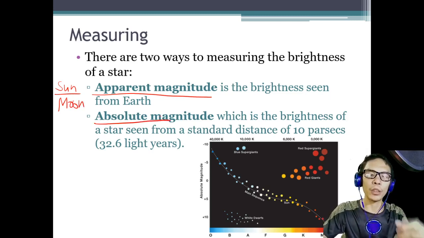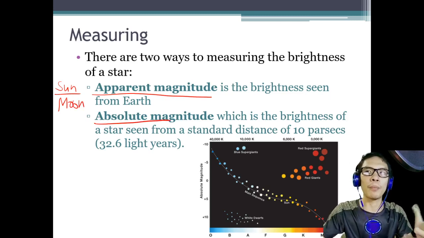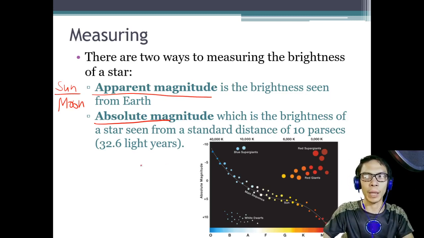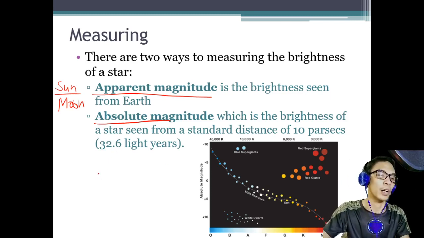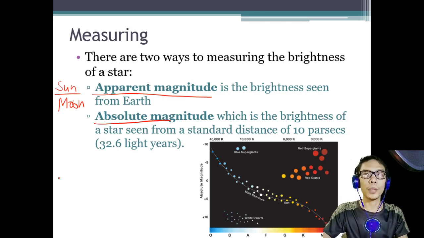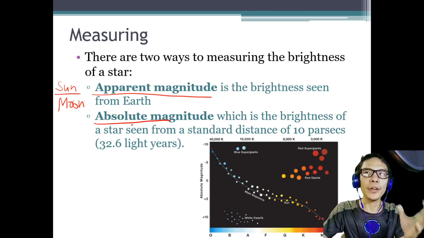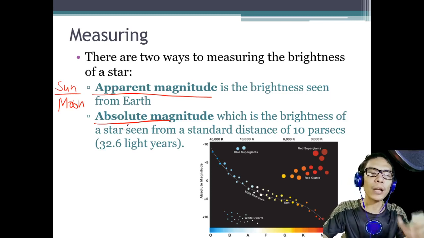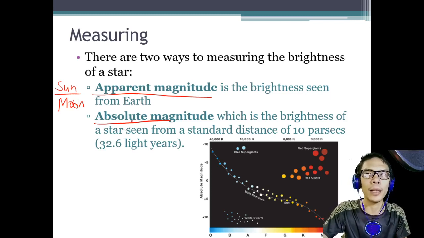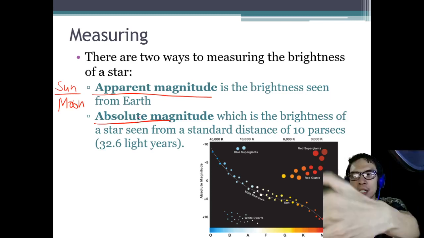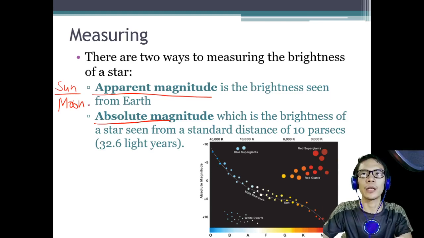So what do we mean by absolute magnitude? Absolute magnitude is the brightness of the star at a standard distance of 10 parsecs, or 32.6 light years. This is the actual brightness of the star, as if you are near the star itself.